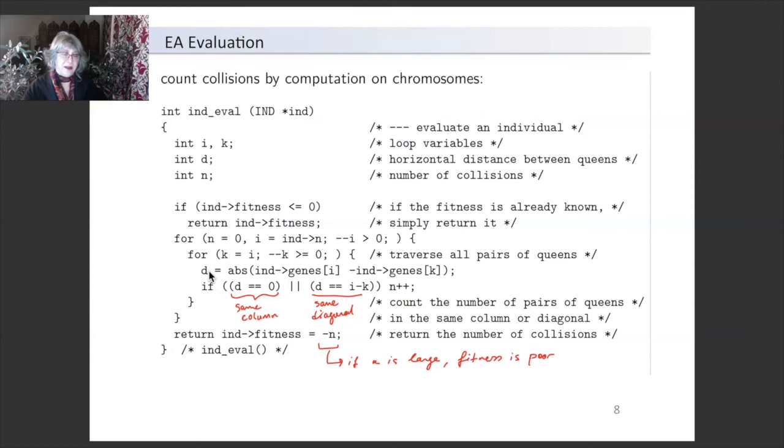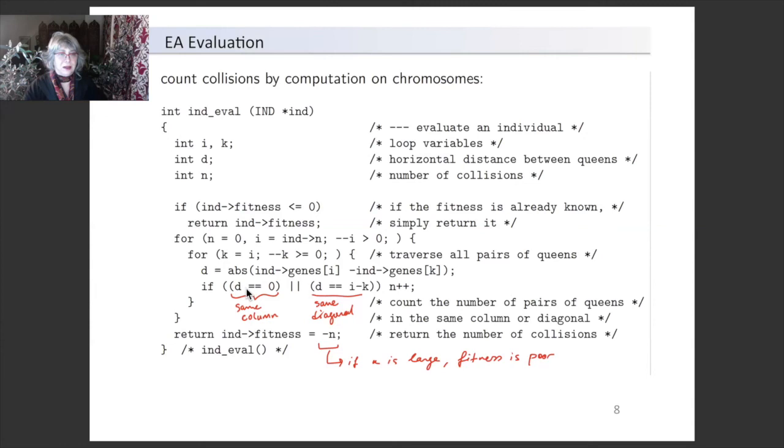We are setting d as the absolute value of the difference of individual genes I, that is the value of the gene I, minus individual genes k, the value of the gene k of the individual. We are taking the difference and then taking the absolute value. So we are calculating d and then checking if d is equal to 0.